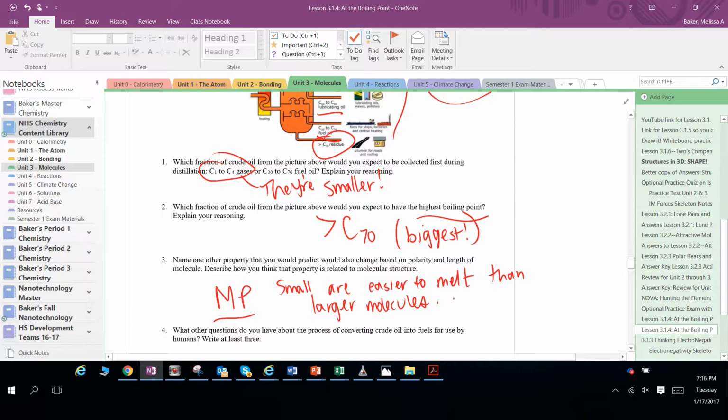You could also say that more polar molecules are harder to melt, just like they're harder to boil.